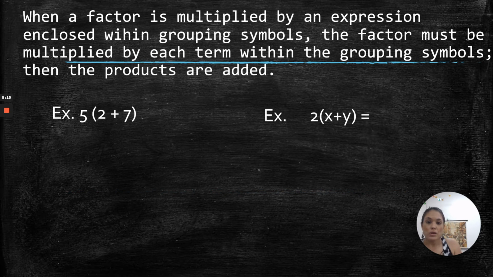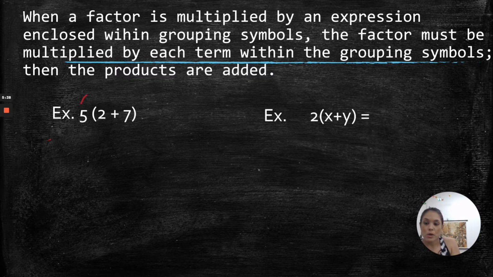When a factor is multiplied by an expression enclosed within grouping symbols, our grouping symbols are parentheses, brackets, a fraction bar, for example, the factor must be multiplied by each term within the grouping symbols, and then the products are added. Okay, remember they're added, that's the key here.